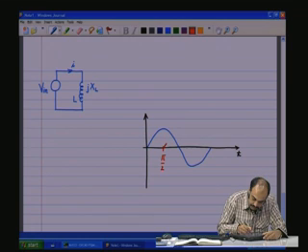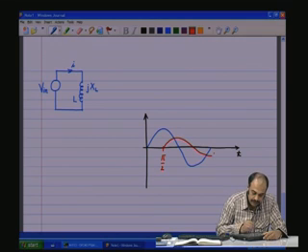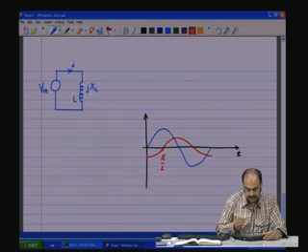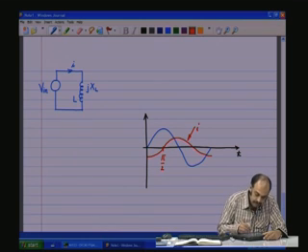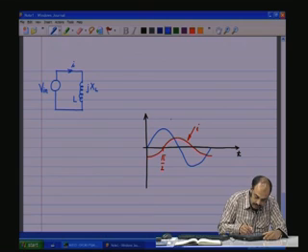So, it will reach a peak when the voltage is 0, then starts coming down, and so on. So, this is the current waveform I, and this is the voltage waveform V in.